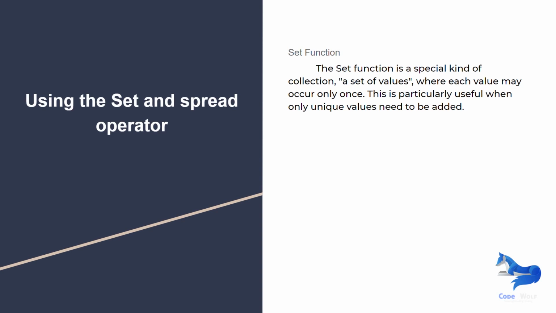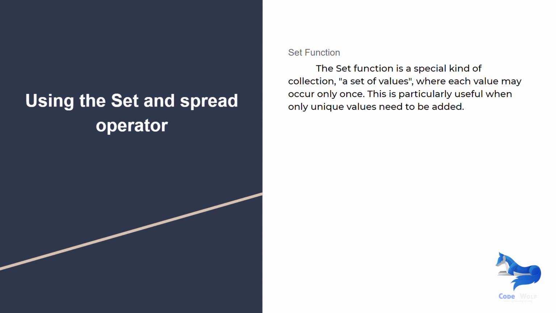So just by looking at this, we can definitely see that we are already eliminating the problem of duplicates by just using the set function. So using this set function, we can get unique values from anything that we want.